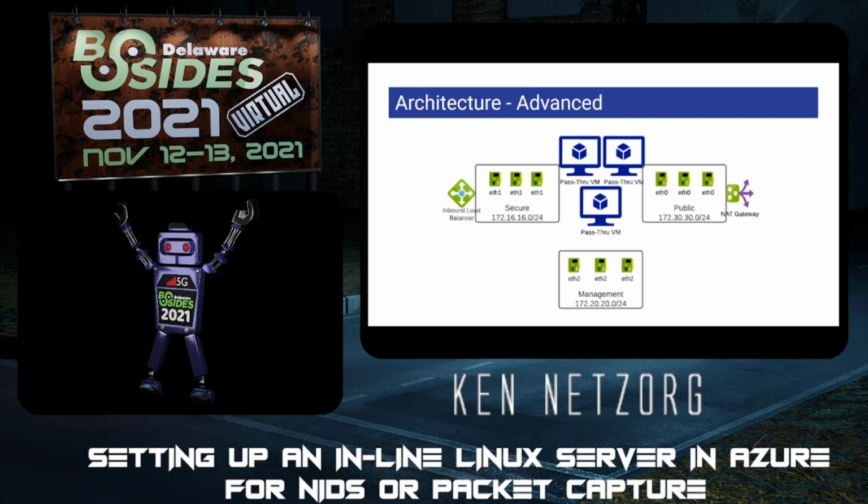The advanced architecture I will poke at briefly is going to add some different layers to the basic, with multiple virtual machines managed through an inbound load balancer, going through a network address translation gateway on the outbound side. That will give you some fault tolerance and load balancing capabilities.